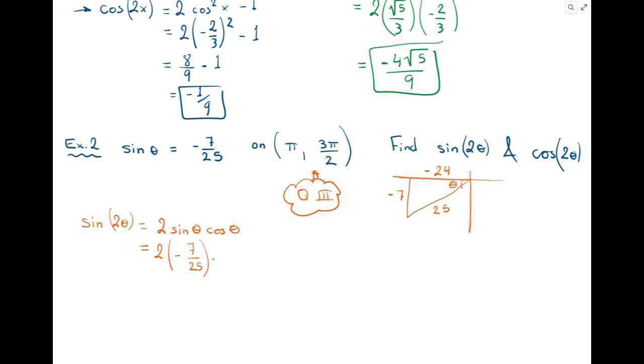But we were not given the cosine, and we needed that, but we do have it now, right? So it will be adjacent over hypotenuse, so negative 24 over 25. And when you multiply that all the way through, I did that in my calculator just a minute ago, 336 divided by 625.